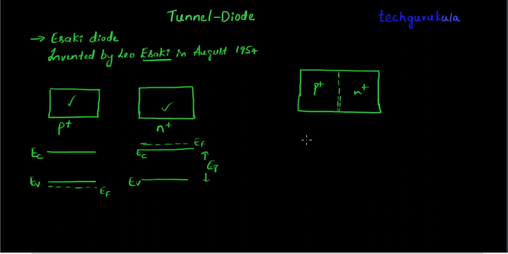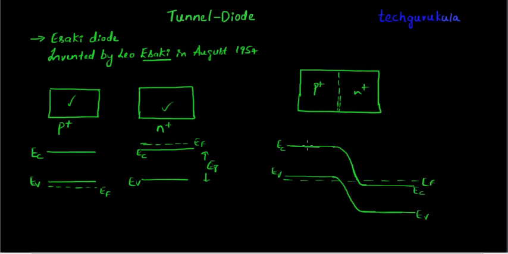Now I'm going to draw the band diagram a little bigger to understand it better. This is how the band diagram looks for this heavily doped P and N diode, the tunnel diode. The striking point to note here is that the depletion width, or transition region, is going to be very thin when both sides are heavily doped, usually on the order of a few angstroms.